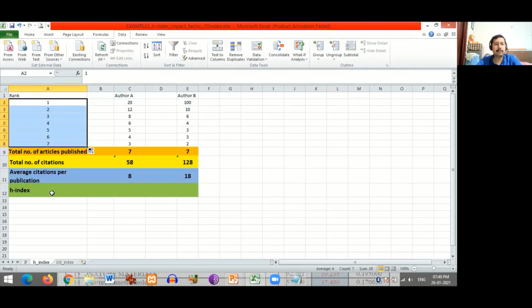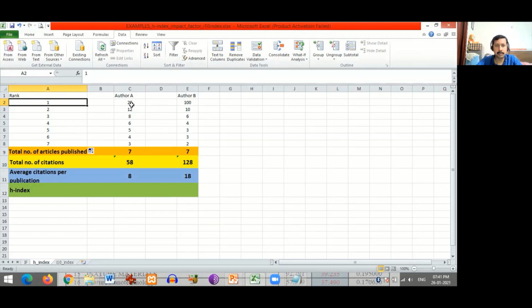Now, in order to find out H index of author A, go on comparing the article rank to the number of citations. Let's compare. 20 is the number of citations. 1 is the article rank. As long as the number of citations is greater than the article rank, go down.